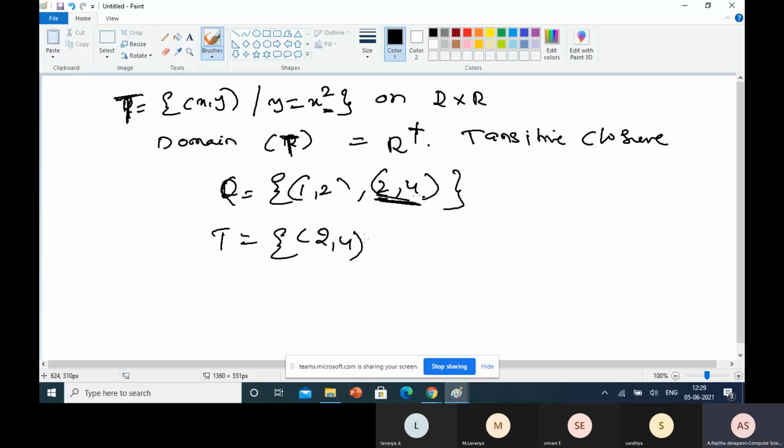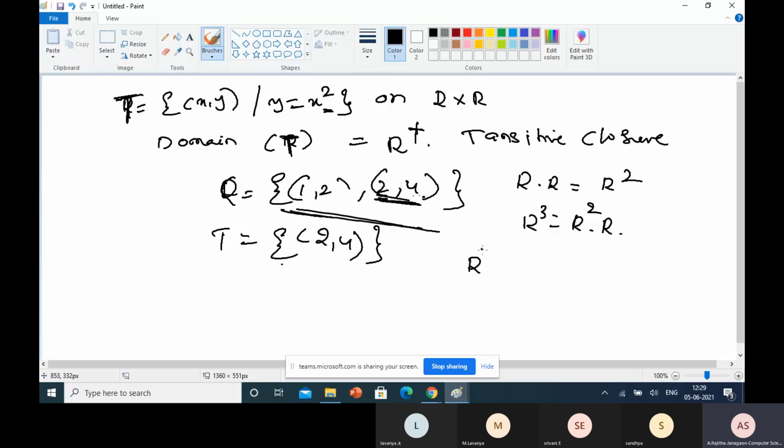Okay, this is only positive. So now you can write some R plus. R plus in the sense, R and R, so this is R square. R cube is nothing but R square of R. So this is R cube.